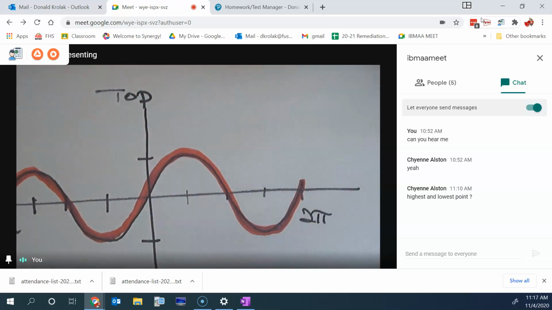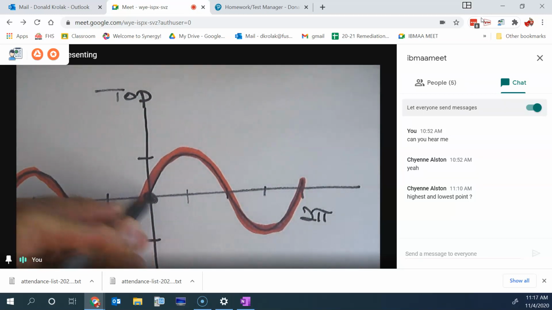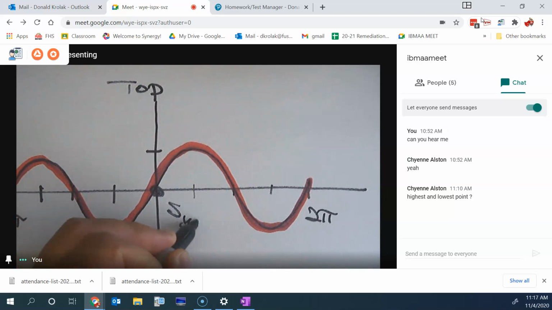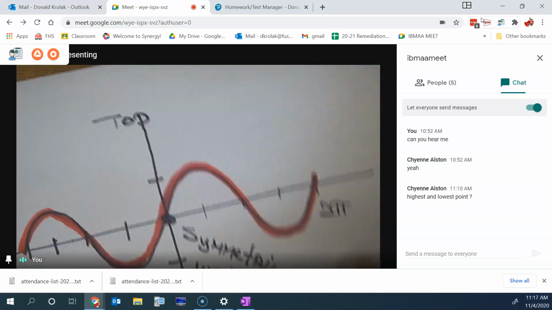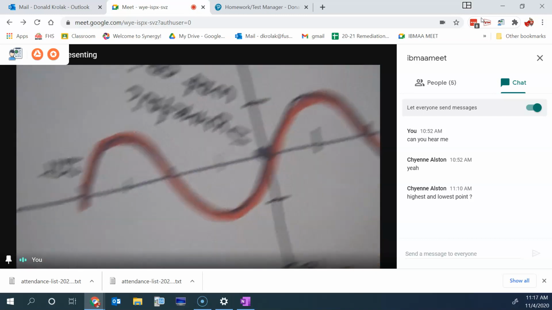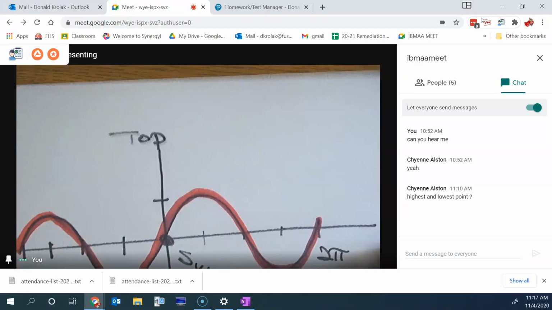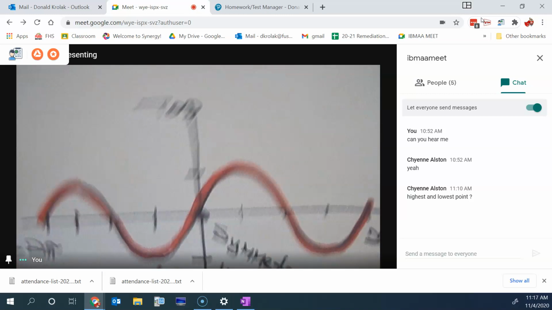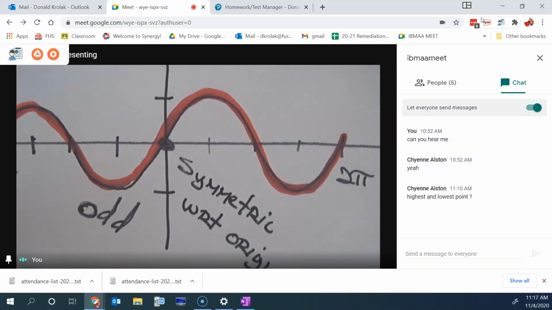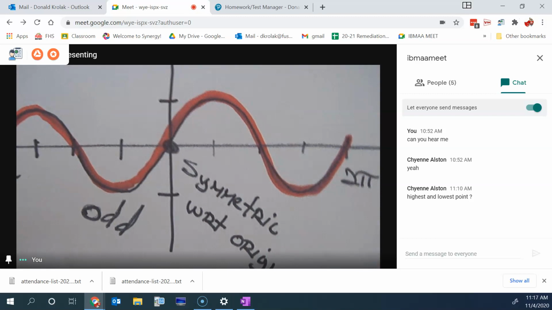So when that happens, we say that the sine curve is symmetric with respect to the origin, because when I spin it around the origin, it looks the same. Okay, that was the definition of what makes something an odd function. So sine is symmetric with respect to the origin, and it's odd.